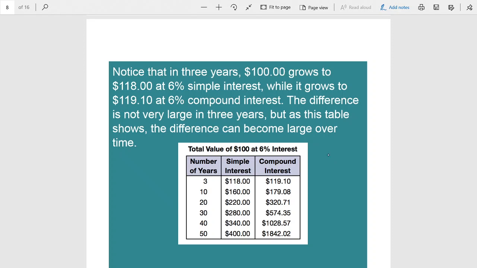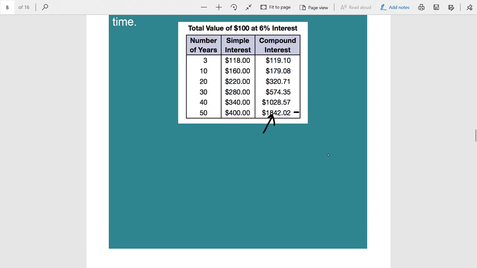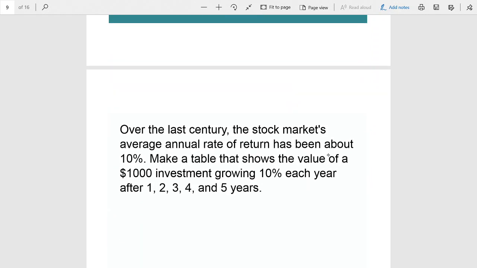If, though, I had compound interest for 50 years, I would have $1,842. I don't know about you, but I would much rather have compound interest on that $100 rather than just simple interest. There's over $1,400 difference between the two. So compound interest really does make a difference, and especially when you're depositing money, it's a very good thing to have. So let's try it out on this investment.